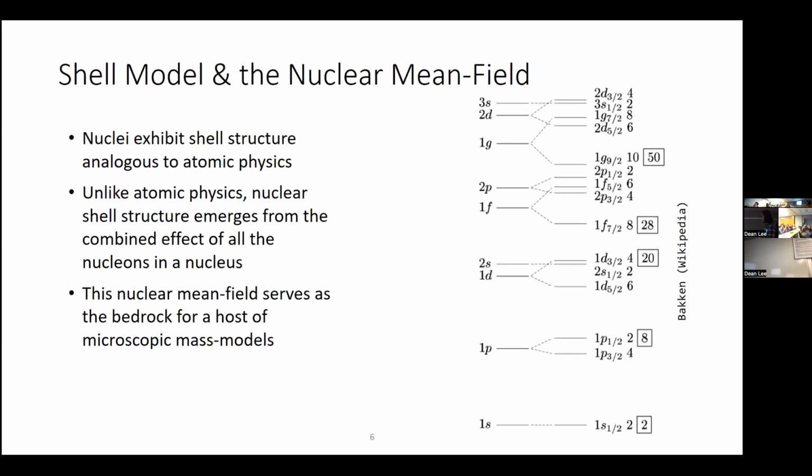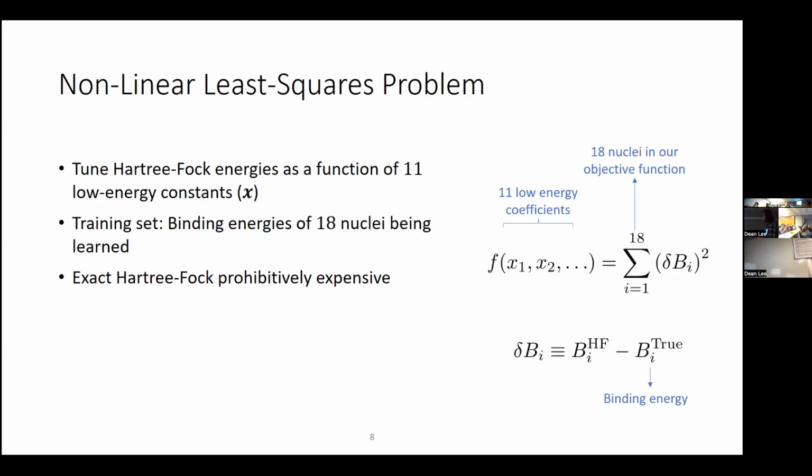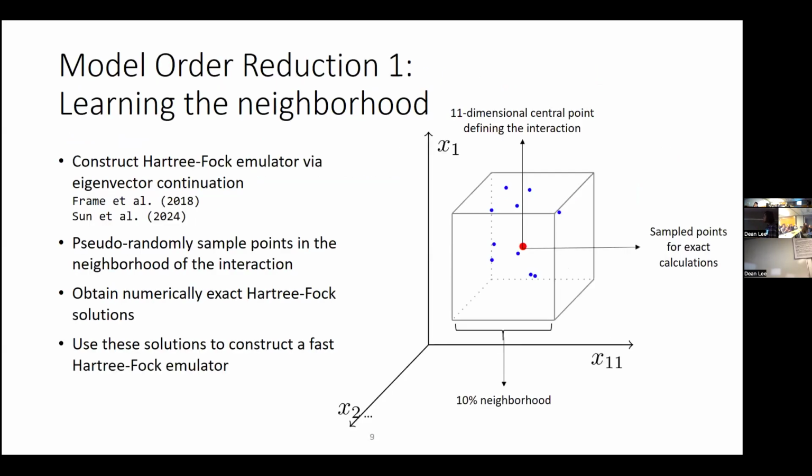But due to the model space that we looked at in the previous slide, performing Hartree-Fock calculations for optimization is prohibitively expensive, and we wanted to avoid building a system that calculates and reads in all the matrix elements in real time as each objective function evaluation is needed. So we make use of model order reduction to create fast Hartree-Fock emulators.